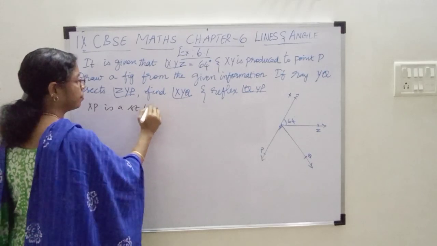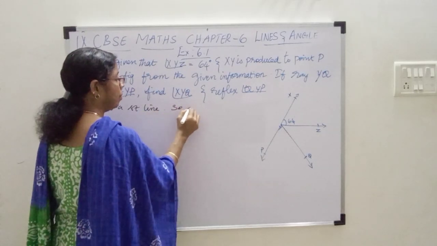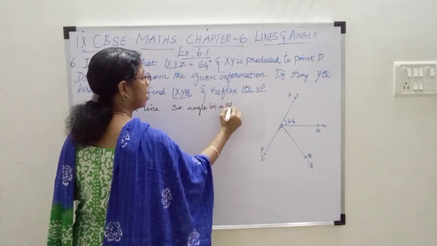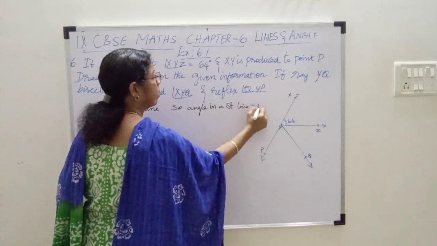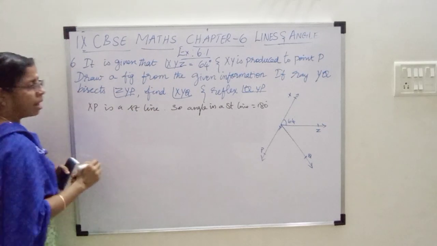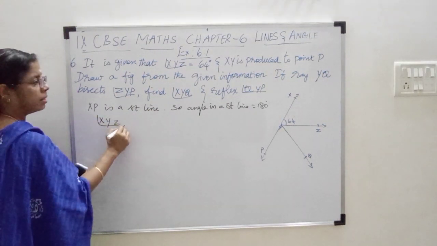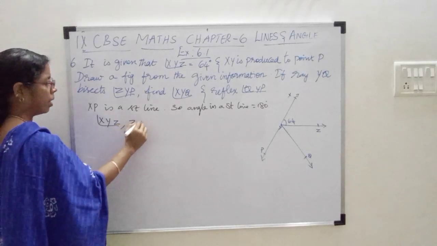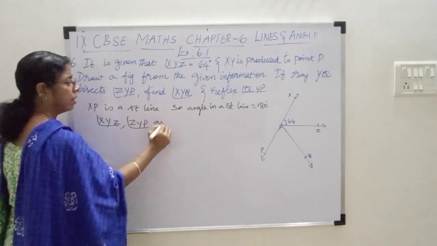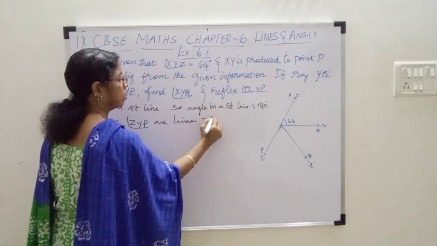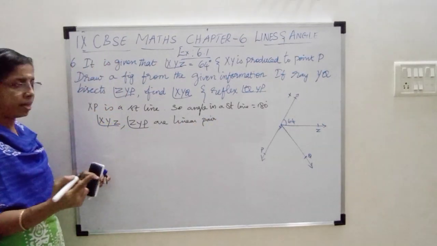So we know angle in a straight line is 180 degree. Now angle XYZ and angle ZYP are linear pairs. So the sum of their angles will be equal to 180 degree.